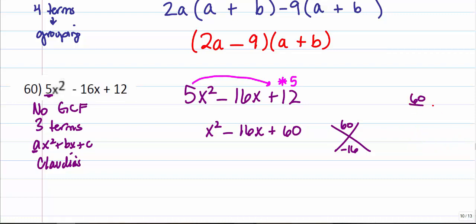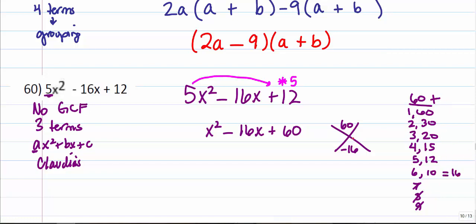If you cannot think of the numbers, then you need to sit down and do this: 1 times 60, 2 times 30, 3 times 20, 4 times 15, 5 times 12, 6 times 10. 7, 8, 9 don't work. So I'm done. When it's positive, you're adding them, and so these add up to 16. But in order to add 2 numbers and make it negative, they both have to be negative. So this is going to be x minus 10, x minus 6.